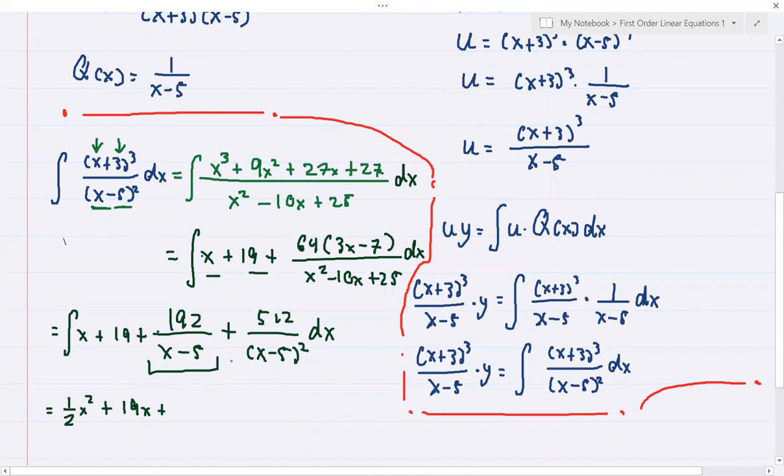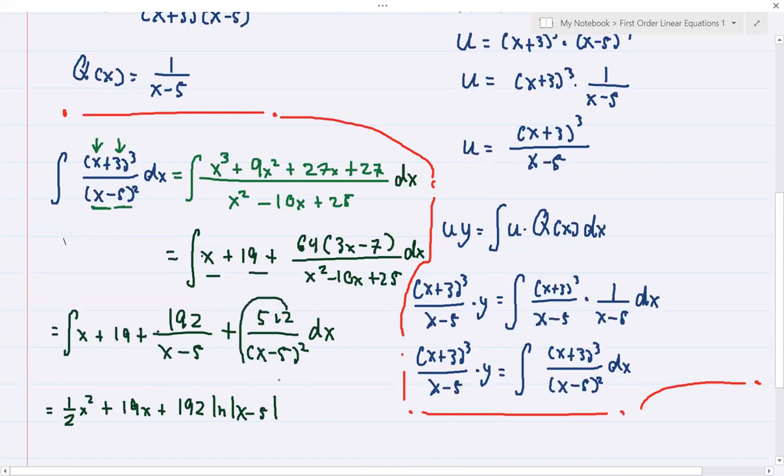Try it by yourself, because I think I have no more time left. Forgive me. So the integral for 192 all over x minus 5 is 192 times ln of x minus 5.